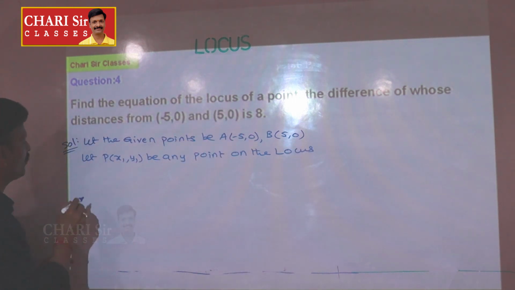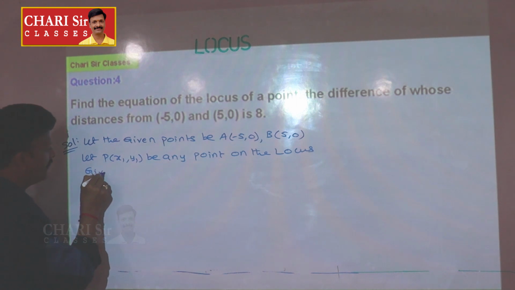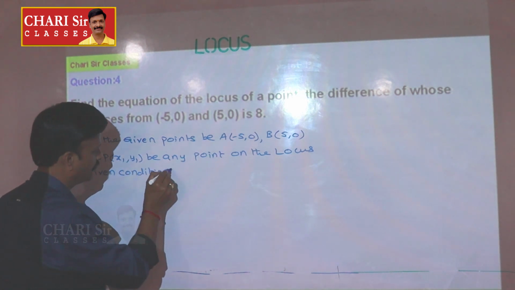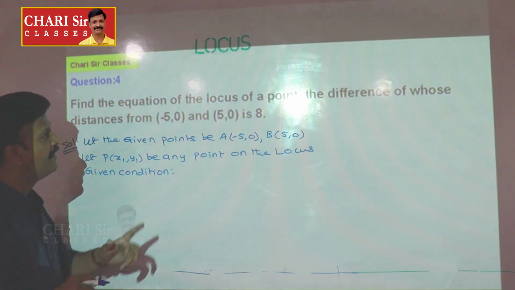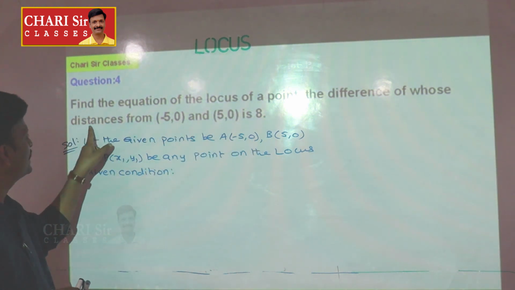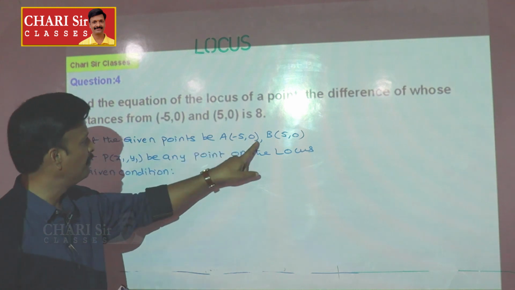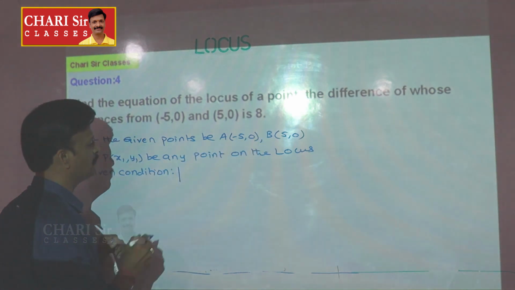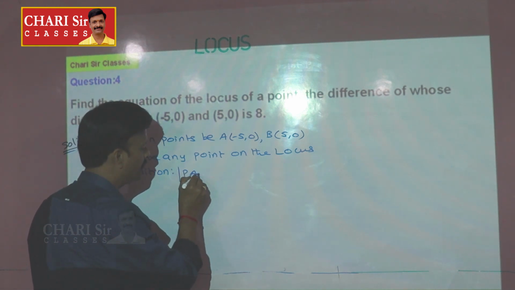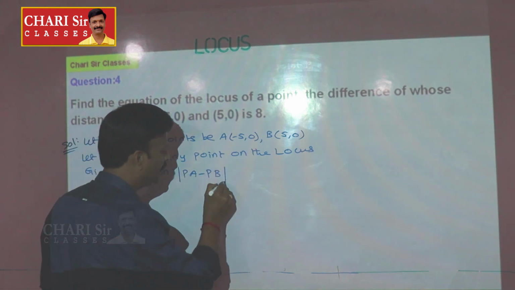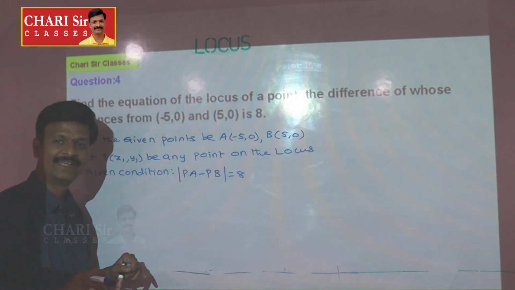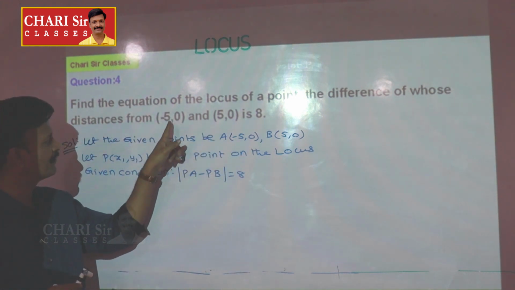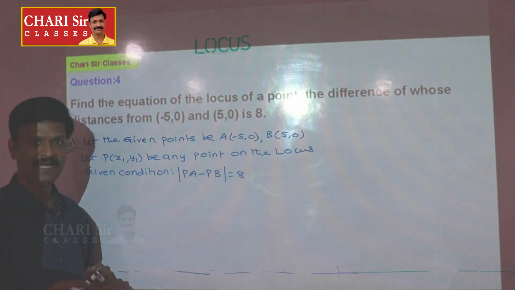Now given condition, what is the given condition? The given condition is the difference of whose distances from A and B is 8. That is, we take the positive difference, that is modulus of PA minus PB is equal to 8.